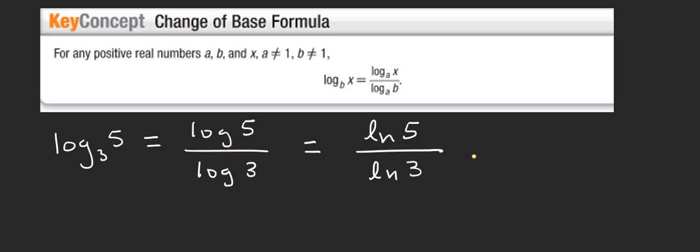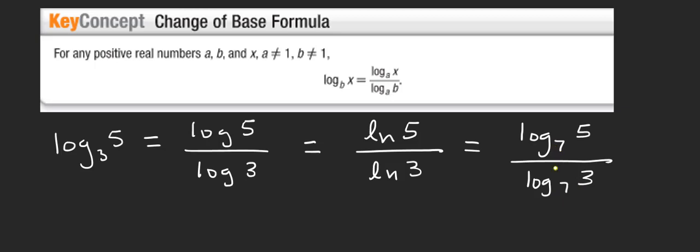But you could also say that this is the same thing as log base 7 of 5 over log base 7 of 3 as well. But it looks very complicated when you have a base other than 10 and e. So we try to stay away from bases other than e and 10. So we stay with the common logarithm and the natural logarithm.